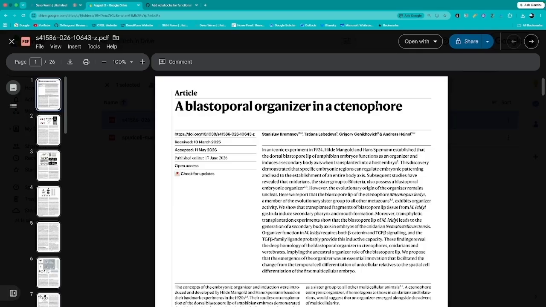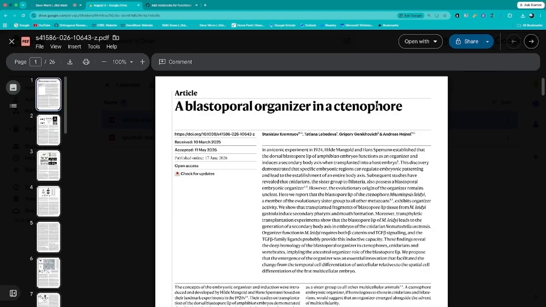And so this is something that, of course, people have later found to be true for ctenophores and for other sister groups to bilaterians. And so what they did here in this paper was they looked at cnidarian embryos and ctenophore embryos, and they wanted to see if they could find a common ancestry to the organizer, something other than the root organism of bilaterians.